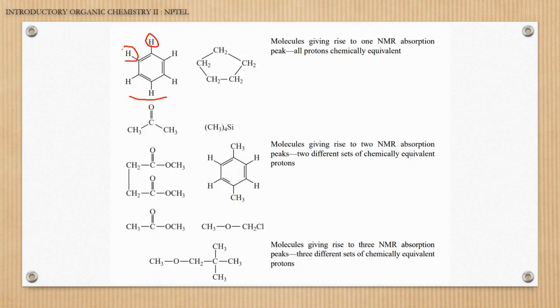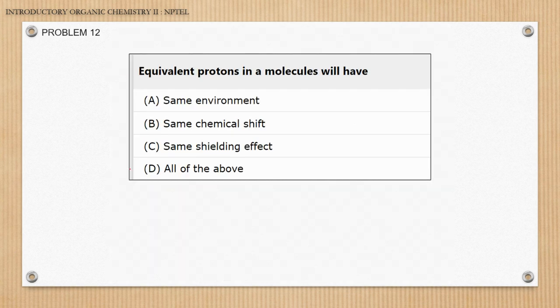That is why we are saying that the identical protons, or the equivalent protons, will show up at the same chemical shift, have the same environment, and the same shielding effect also. So the correct answer is all of the above.